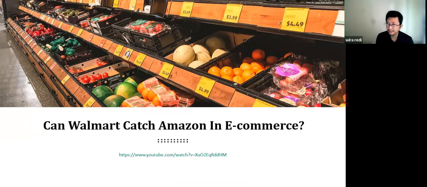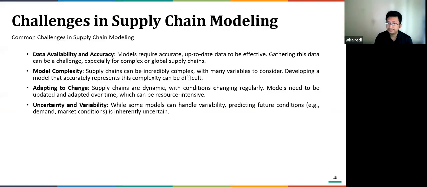For example, we discussed Amazon having a good supply chain model, right? Especially for their last mile delivery. But in this video, you can see a case study of how Walmart is also trying to catch up with that and embed a lot of supply chain analytics approaches in their system. But I won't play it here. You can see it by yourself later.